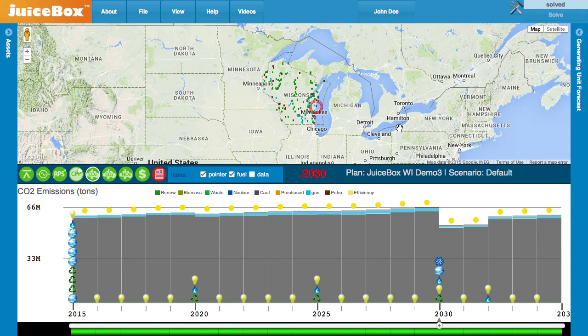This fuel switching approach reduces reliance on coal and results in a noticeable drop in CO2 emissions.